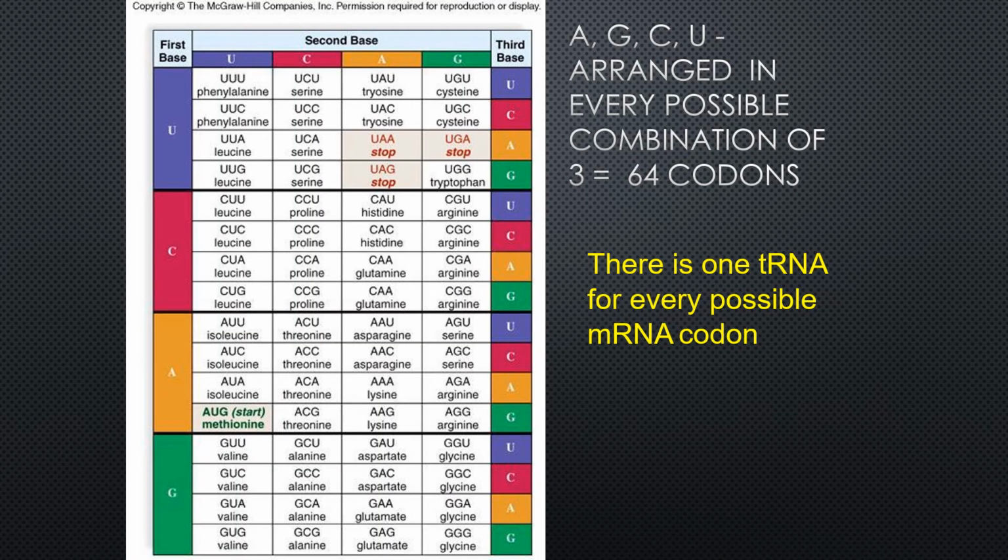So when we look at the bases that we talked about, we have adenine, guanine, cytosine, and uracil for all our RNAs. Every possible combination of 3 gives us 64 different codons. And for those 64 different codons, there is one tRNA for every possible mRNA codon. So they're very specific.